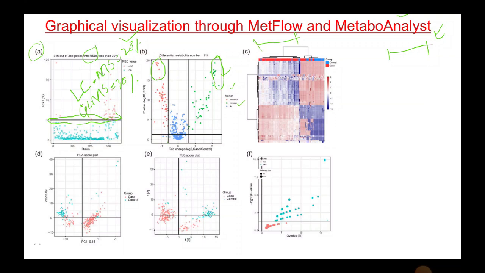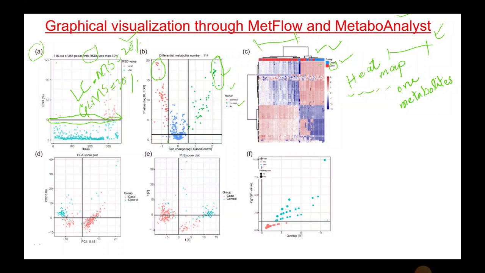And this is the heat map, and as we know, a heat map is a good way to represent the different groups. Here you can see the blue one is mentioned for the control, and the red one is the case. Each line or each dot is representing one metabolite, as in the previous transcriptomic video where each line represented one transcript.